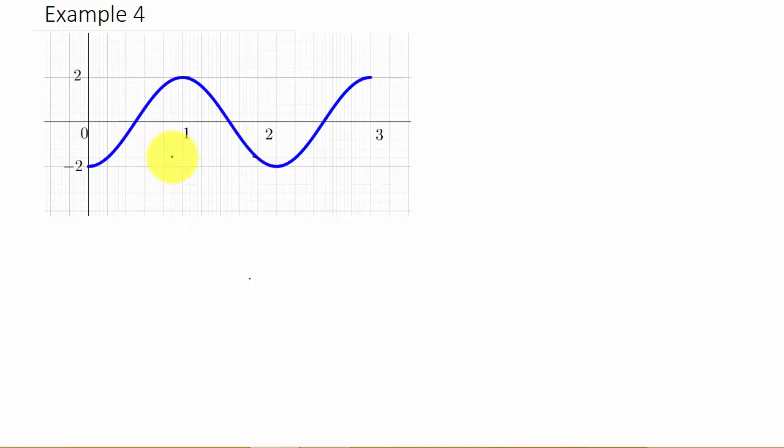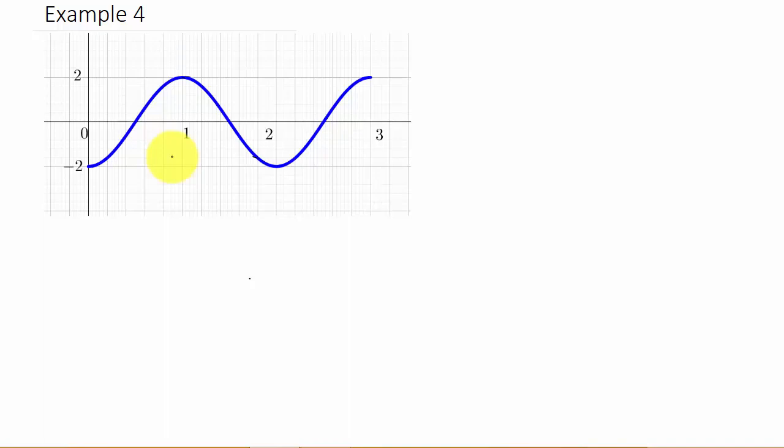Matter of fact, I've got eight examples, and each example has its own video. The first two examples are just normal sine, no shifting, no reflecting. Videos 3 and 4 are reflected about the x-axis, and one's sine, one's cosine.